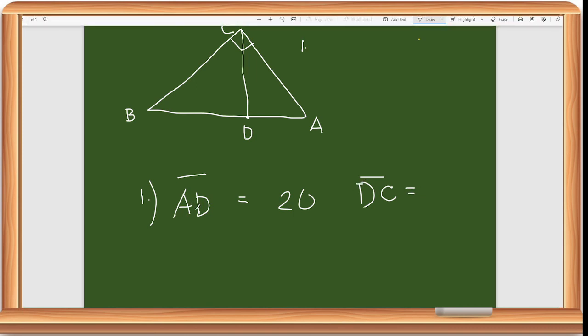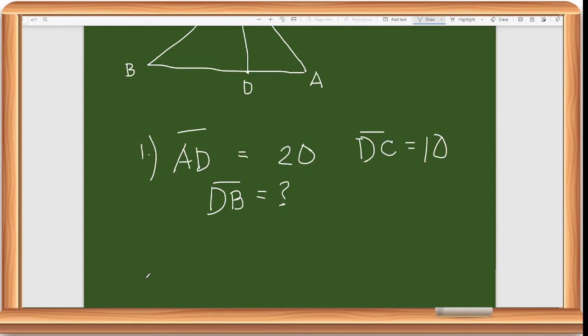Like for example, yung AD, anong nire-represent ng AD? So this is this side of this smaller triangle, something like that, no? So we have here AD is 20, DC is equal to 10. You have to find for DB. Okay, so tignan mo yung DB dyan. We are looking for DB.